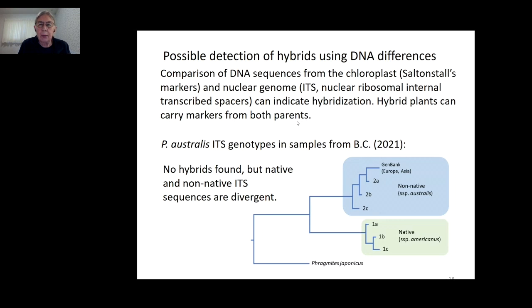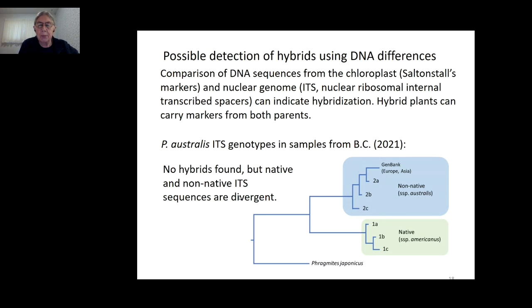There are only a couple of localities in BC where both of these subspecies are known to occur together. In the south of the province, in the Creston Valley, and also in the South Okanagan, where there's a lot of Phragmites, and both native and introduced subspecies occur.